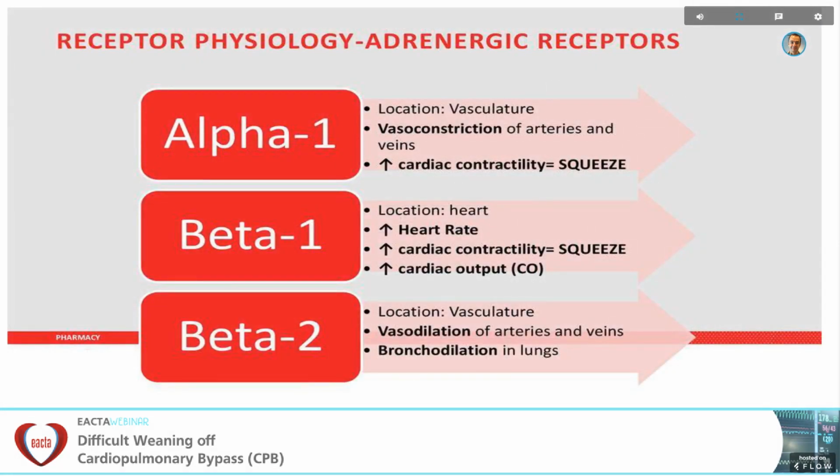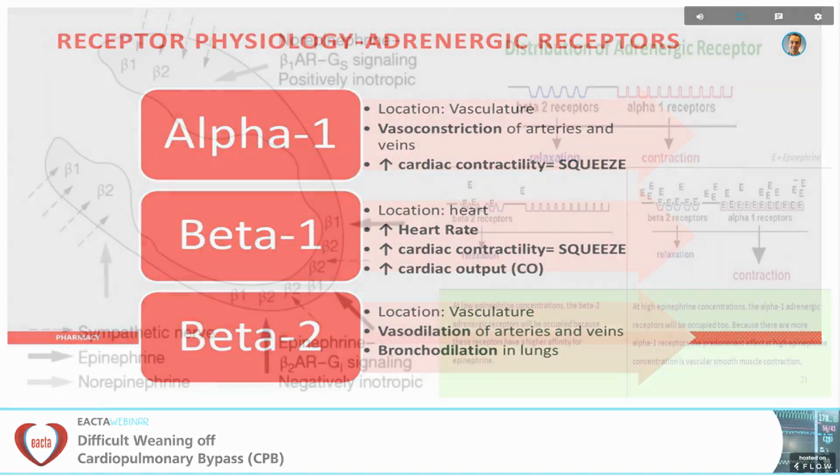It is also important to know that alpha receptors are in the vasculature, and the main effect is vasoconstriction with the increase in cardiac contractility. The beta-1 receptors are located in the heart and they increase heart rate, cardiac contractility and cardiac output. And the beta-2 receptors are located in the vasculature and they cause vasodilation and bronchodilation.